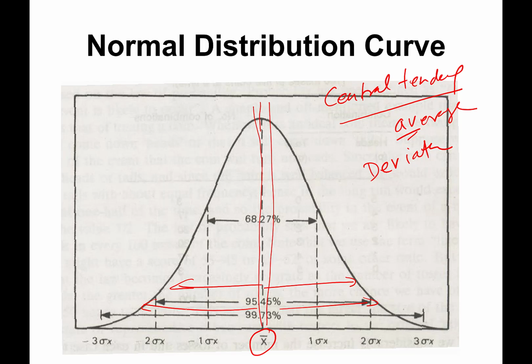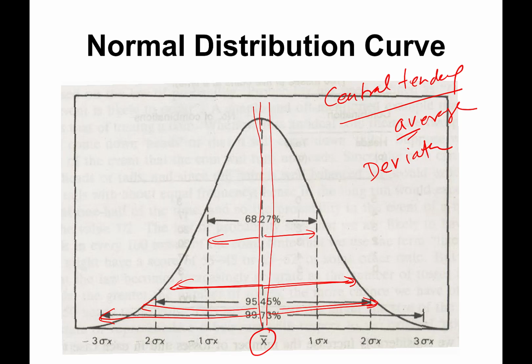So whether it is falling within the 1 sigma band, that is close to the center, or the 2 sigma band, or the 3 sigma band, on both sides of the central value, that will indicate how much spread we are looking for. What is the tendency of the data to fall within the 1 sigma band, or the 2 sigma band, or the 3 sigma band?